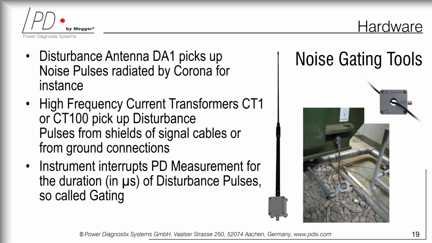The antenna is an exterior antenna that picks up noise pulses radiated, generally speaking, by corona. They are high-frequency current transformers, CP1 type or CP100, that are picking up disturbance pulses from shields of signal cables or from ground connections.